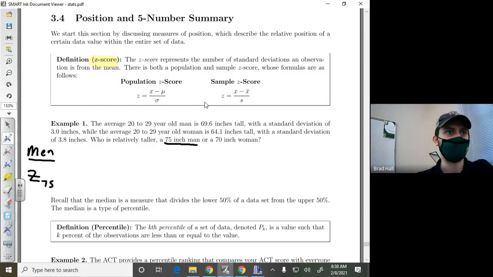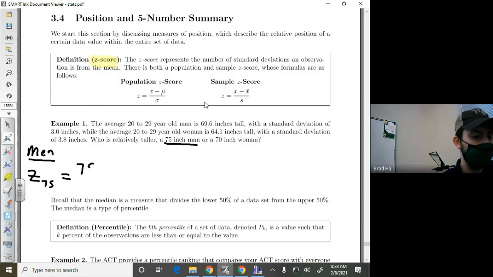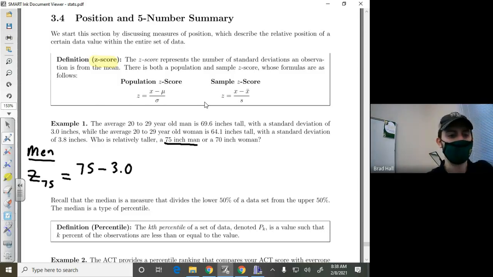So it's the z-score of a value that measures 75. And so the formula we use: 75, again, just the value you observed, minus the mean. They said the mean for men was 3.0 inches. And then all of that is divided by the standard deviation.